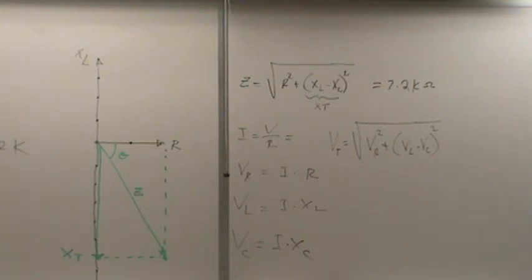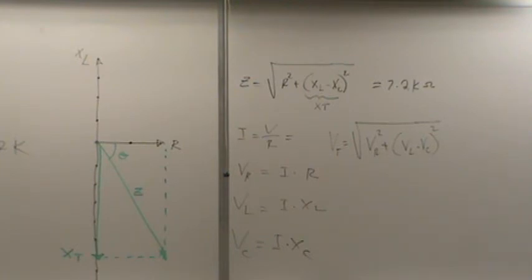So let's take a look at the power here. Power is going to be equal to, I'm going to draw a little triangle. Down here, the resistive power, and sometimes they call that real power. Real power meaning that this actually is the real power used.